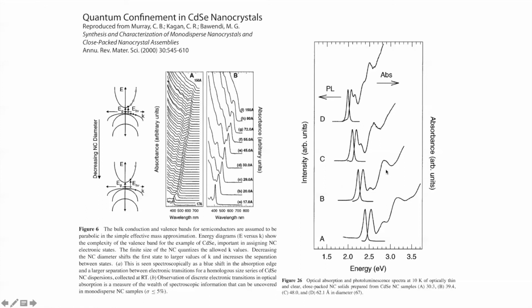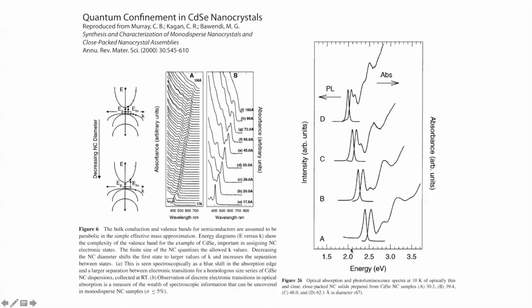Plotted on the right is the same data, now plotted in energy units on the bottom instead of wavelength. Okay, and then on top of that is plotted the photoluminescence spectra of all these materials, and you can see that the photoluminescence is also shifting as you change the radius of the crystal from a small crystal to a large crystal.